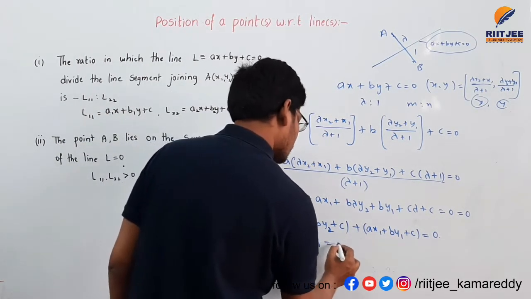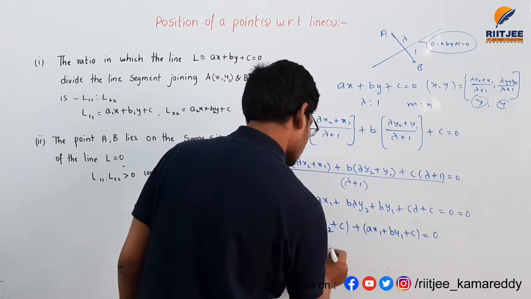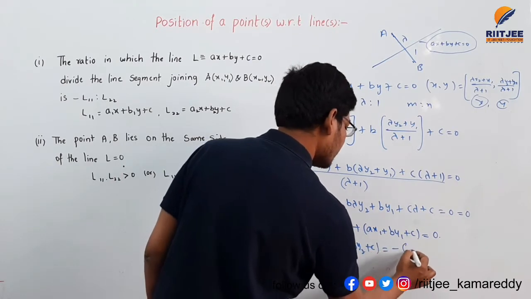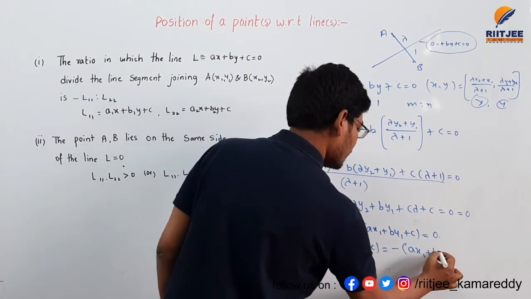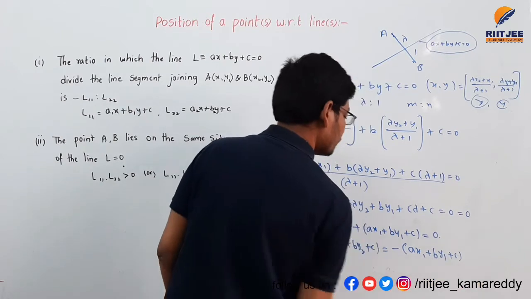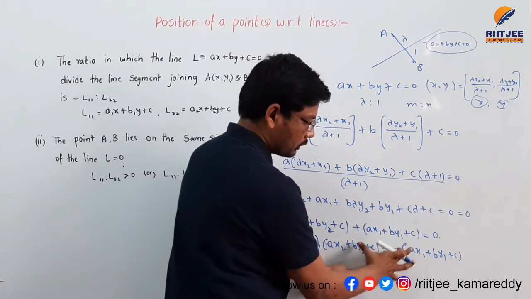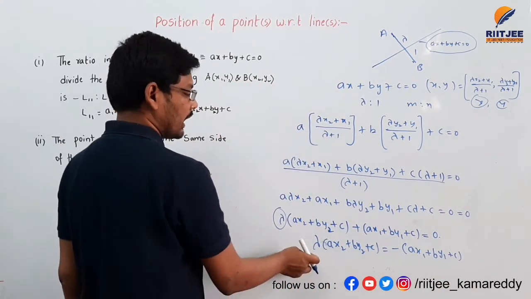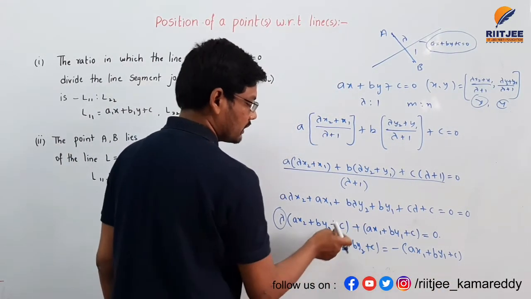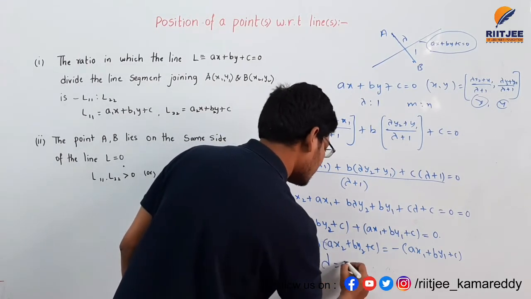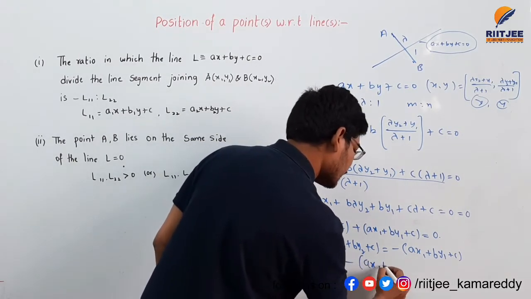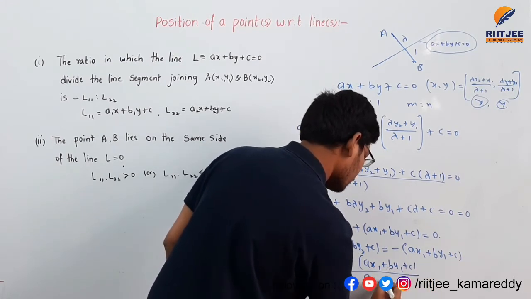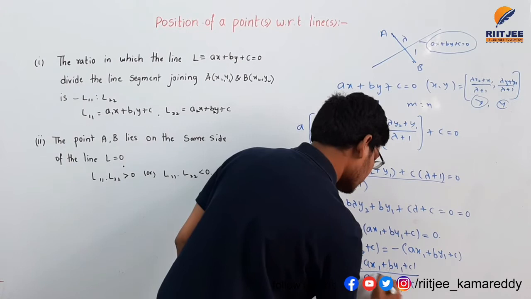So lambda into (ax2 + by2 + c) is equal to minus of (ax1 + by1 + c). I am sending this total term to the right hand side, so it becomes negative, and I want lambda, so I send the other term to the right hand side. Lambda is equal to minus of (ax1 + by1 + c) divided by (ax2 + by2 + c).